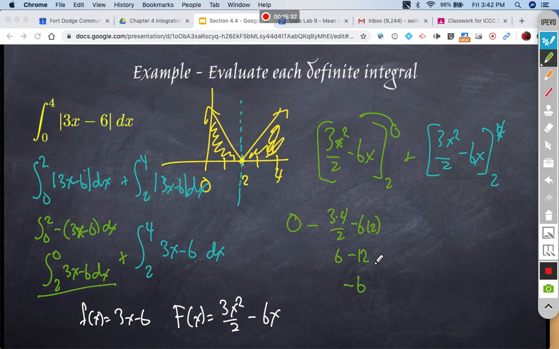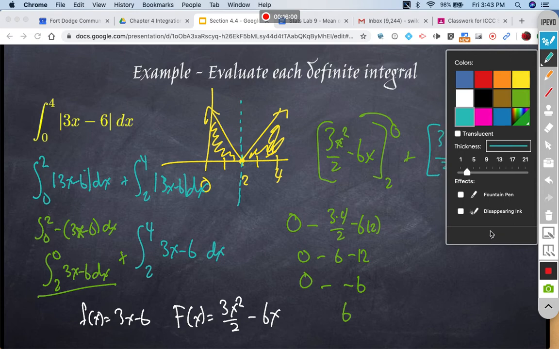Okay, something's not looking quite right on here. Oh, because it's 0 minus a negative 6, so that's going to give me a positive 6.